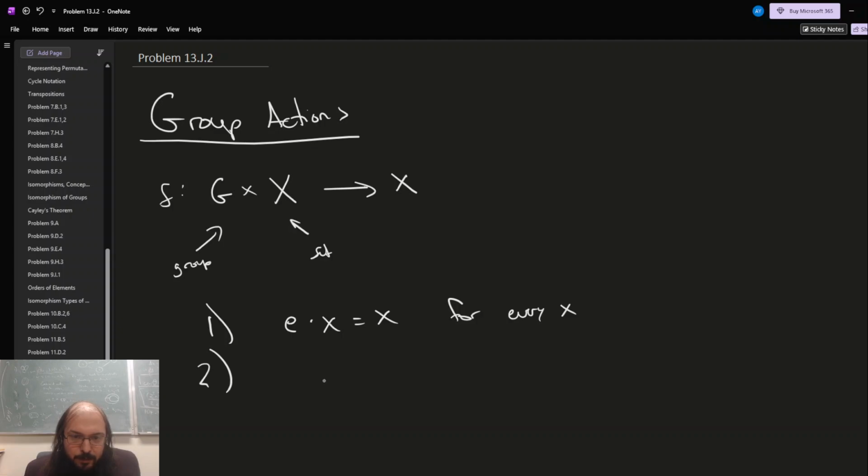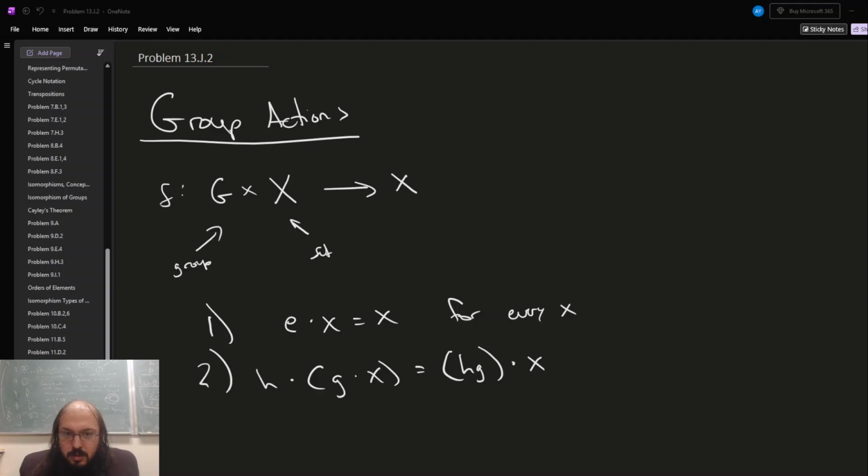We have to have G dot X, this is a set element now, dot H equals HG dot X. In other words, when you have a multiplication in the group, you can act one at a time, or you can calculate the product and then get the answer. Under these conditions, this is what we call a group action.